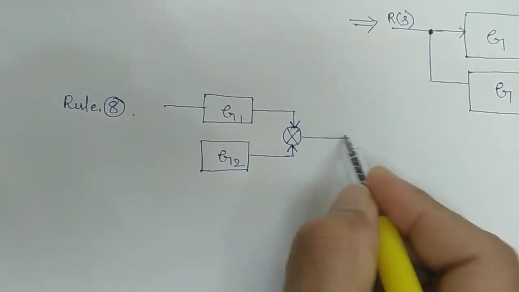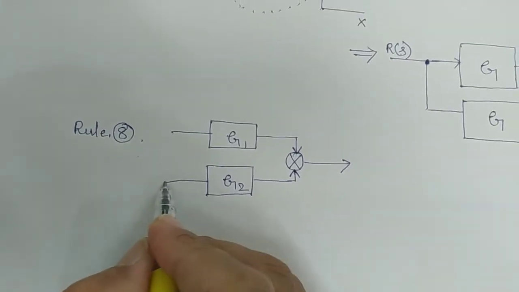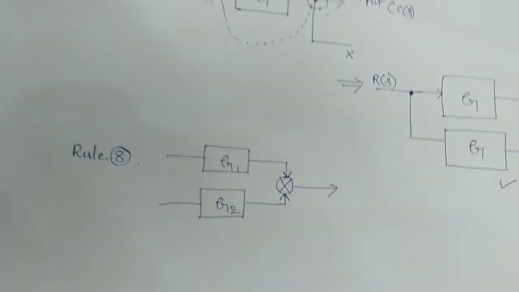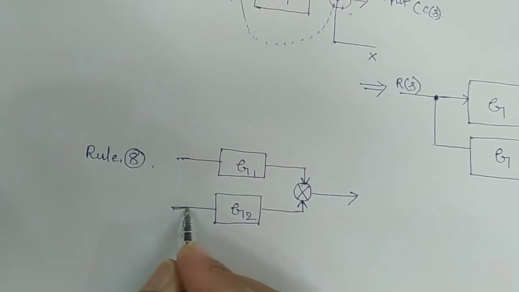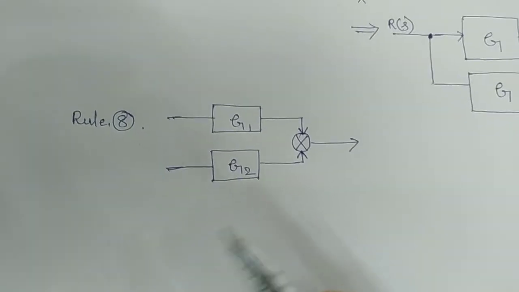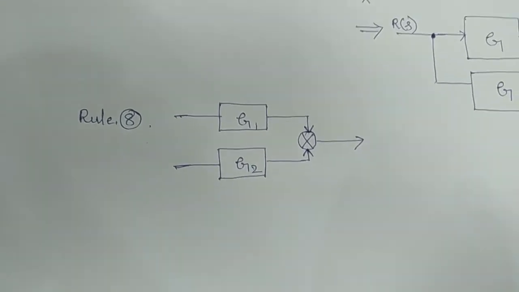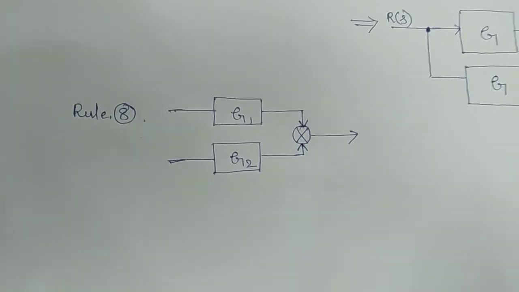Likewise this is your C of S. Let us say these are the inputs. Your input may be one input or two inputs or multiple inputs, not necessarily a single input.